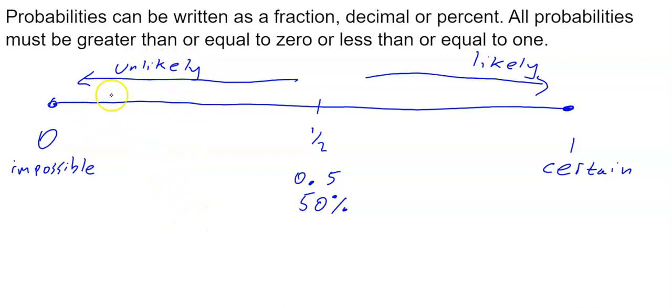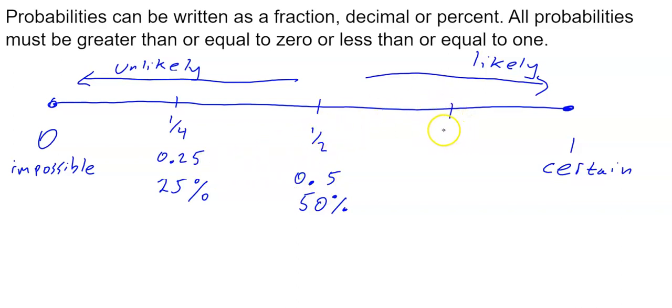Okay, so if you look at this on a number line, let's say I give you the probability of 1/4, which would be 0.25 or 25%. 1/4 is less likely to happen than 1/2. 0.25 is less likely to happen than 0.5.